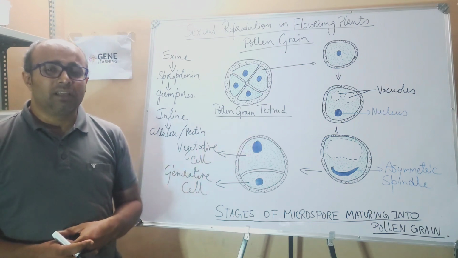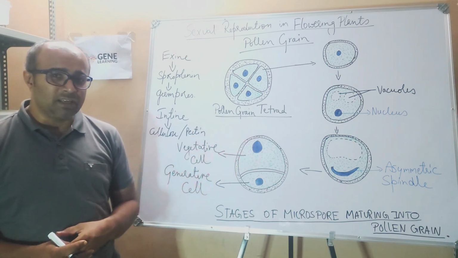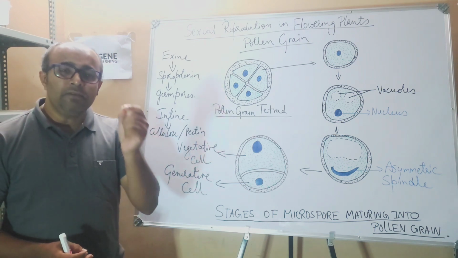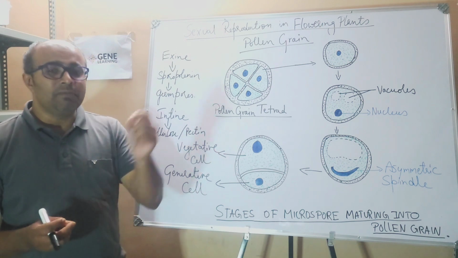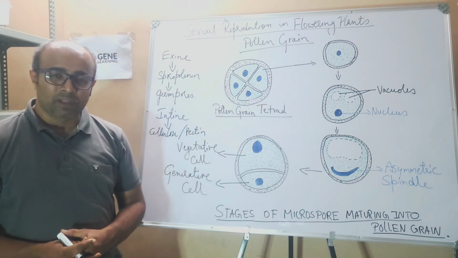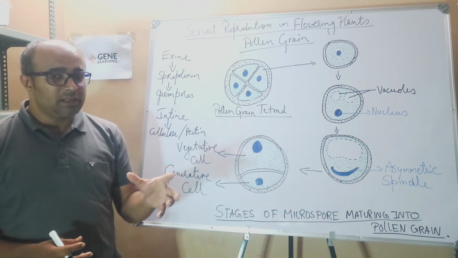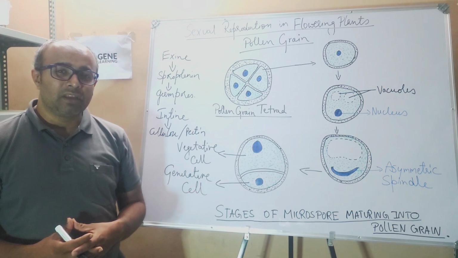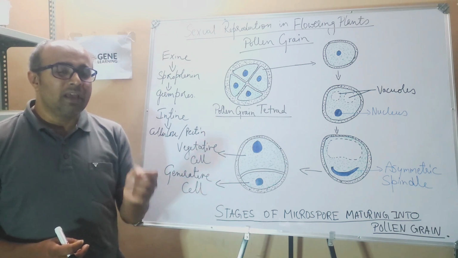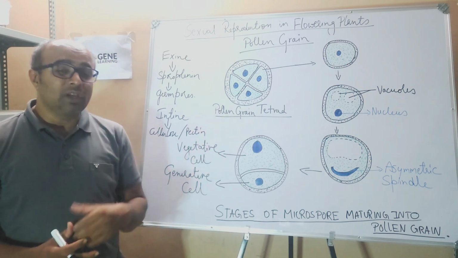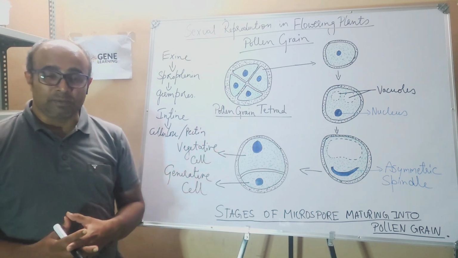Some species, for example rice and wheat, have pollen grains that are viable only for 30 minutes from the time they are shed from the stamens. Other species, such as those of Rosaceae, have pollen grains that are viable for months from the time of shedding.